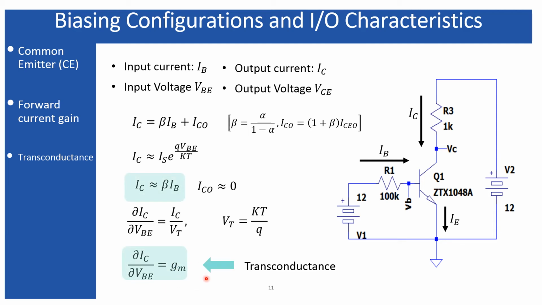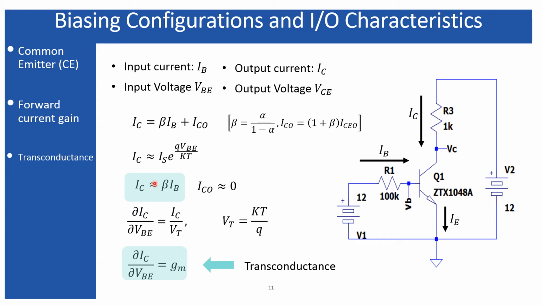Here, IC is equal to beta times IB. This is the relation which relates the input current and output current. If you take the ratio of the output current to the input current, that means beta, which is equal to IC divided by IB, defines the forward current gain in common emitter. The forward current gain in common base was alpha, which was less than 1, but approximately close to 1 in general.